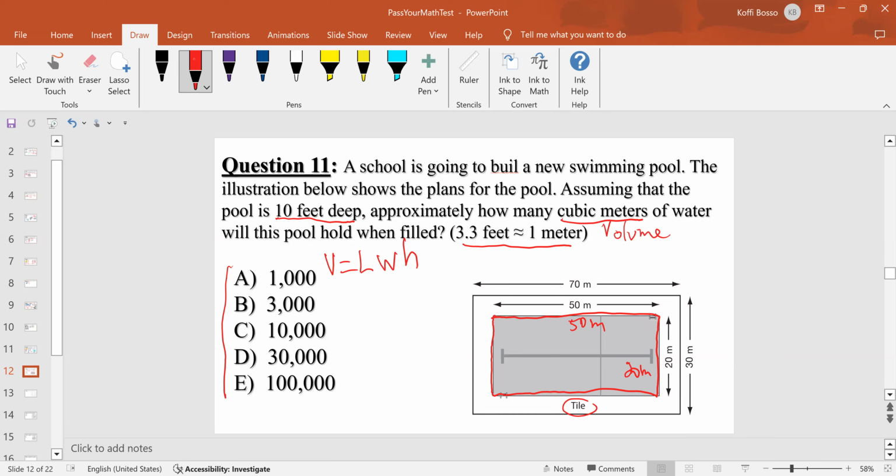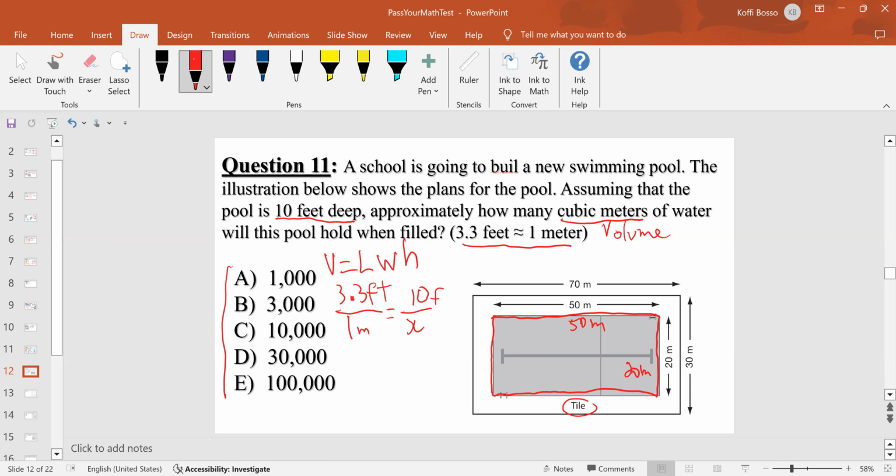we need to convert 10 feet into meters. They give you here 3.3 feet is approximately 1 meter. So 3.3 feet is 1 meter, and 10 feet will be how many meters?